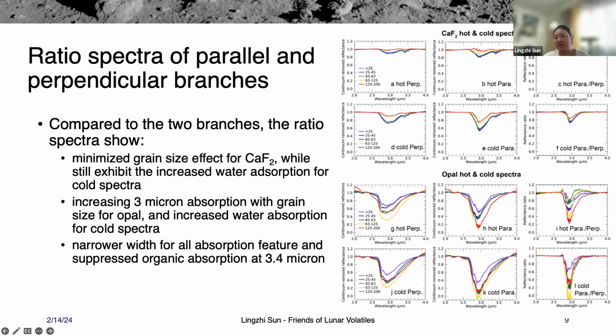And for opal too, the band is much narrower compared to the polarized branches. And the 2.75 micron absorption has also disappeared.